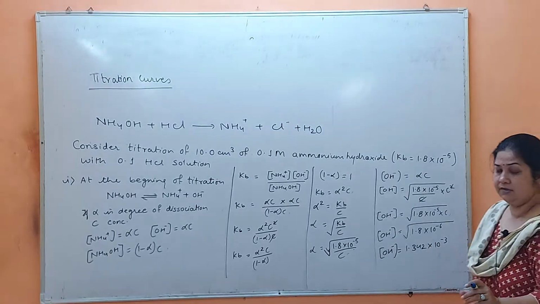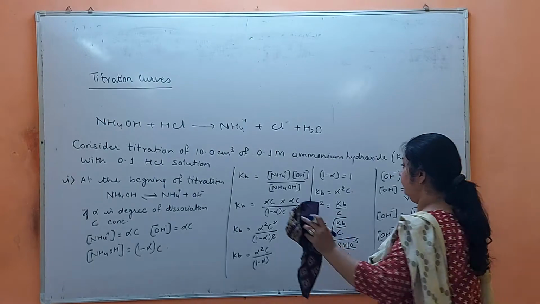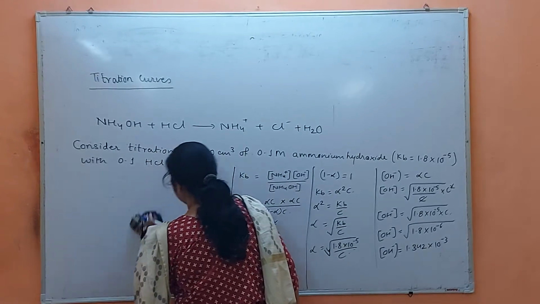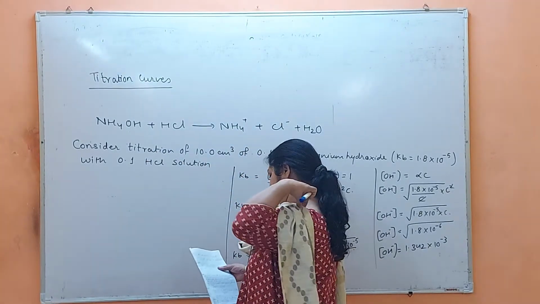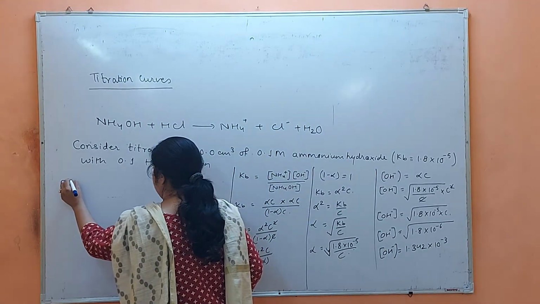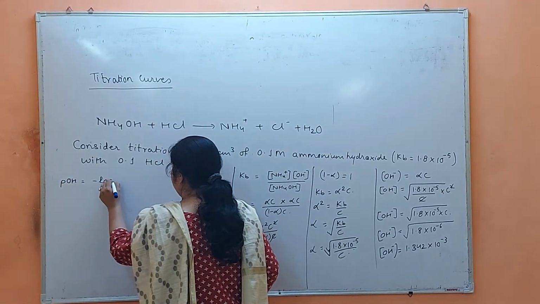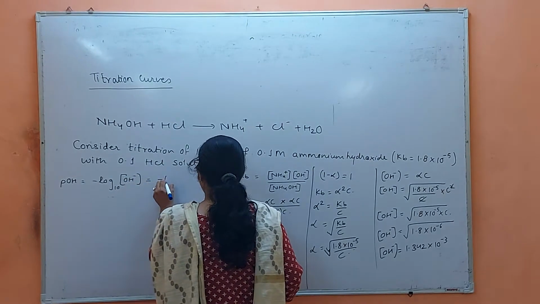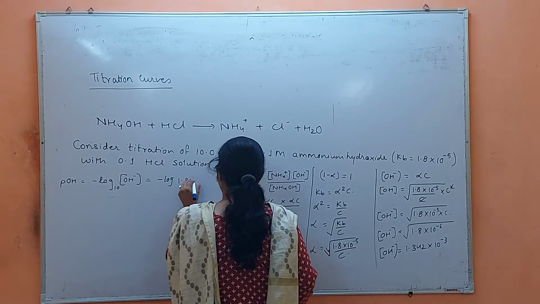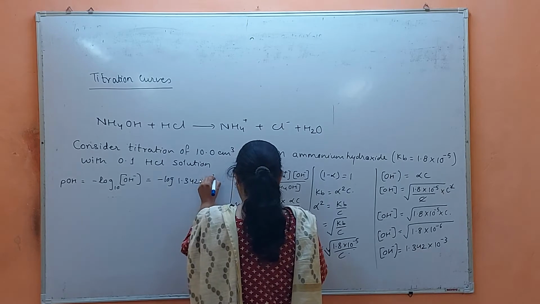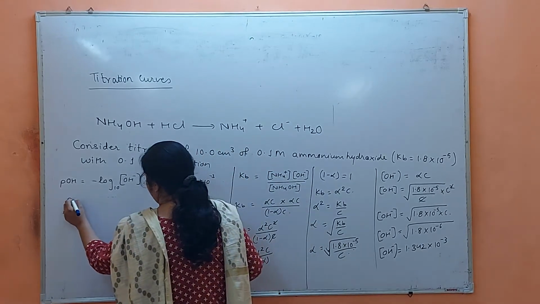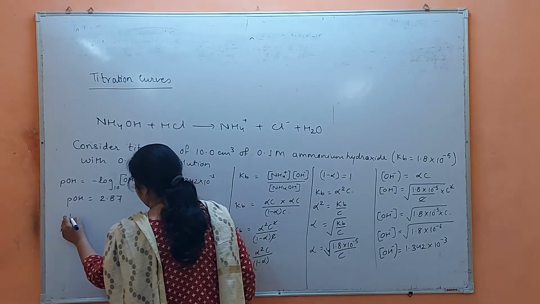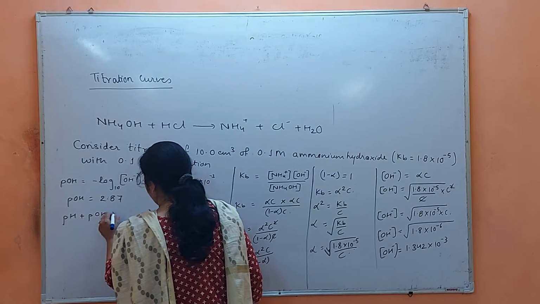Now see, using your equation you can find pOH. pOH is negative log to the base 10 of OH minus ion concentration, which will be equal to negative log of 1.342 into 10 raised to minus 3. So the answer comes out to be pOH is equal to 2.87. Now we know that pH plus pOH is equal to 14.